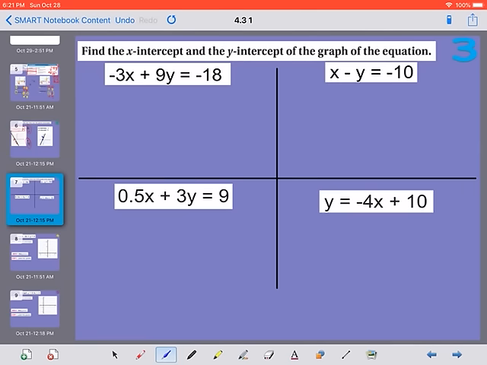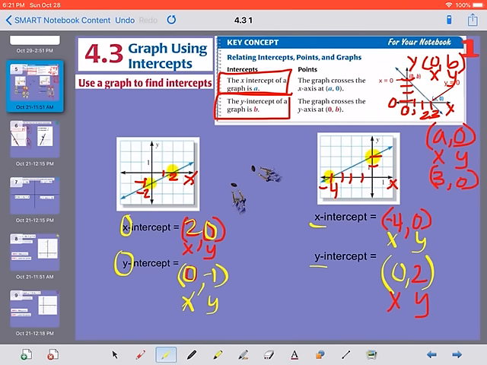Now we're going to find the x-intercept and the y-intercept from an equation without actually graphing it. As we noticed back here, when we're looking for the x-intercept, when we're crossing the x-axis, the number in the y place is 0, because we're really on the x-axis. We're not at 2, 1, we're really at 0 on our y line right here.